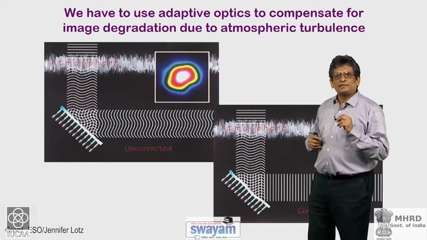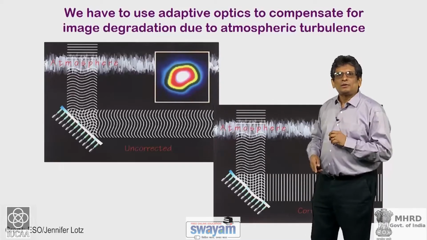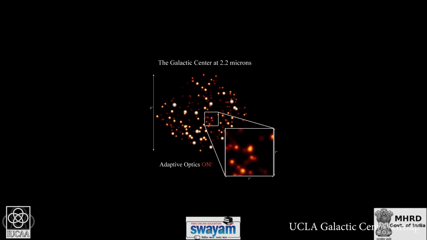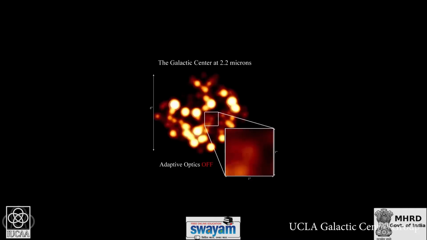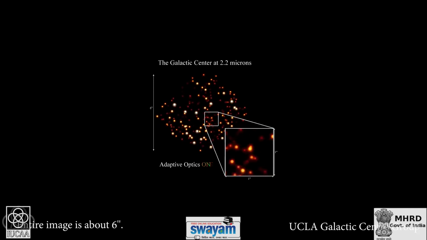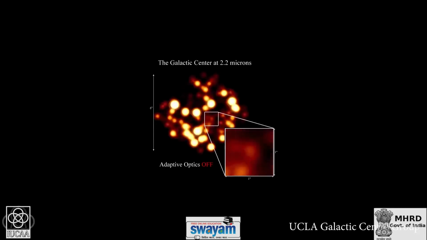We need this at the center of our galaxy because, if we look at the stars, and this is a real picture of the stars around the center of our galaxy taken in the near infrared at 2.2 microns, you can see that this entire image is about a second of arc, and the sizes of the stars are much smaller.